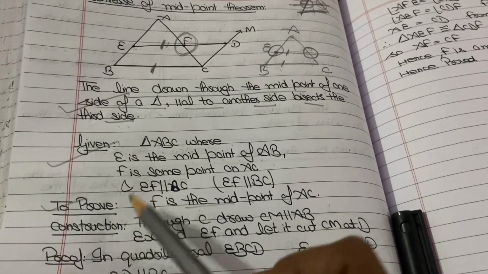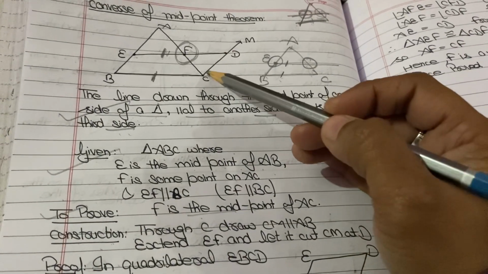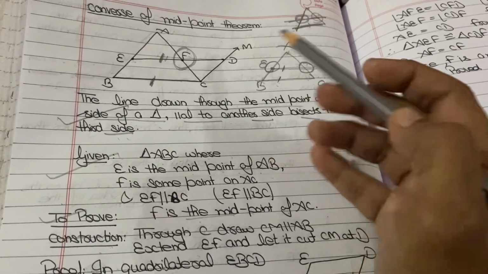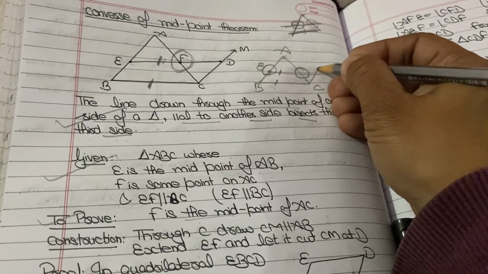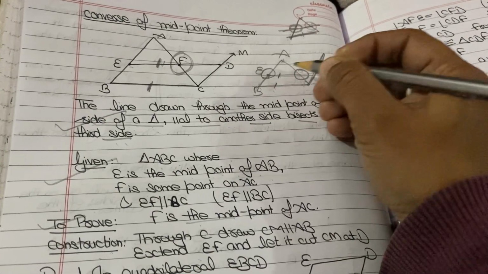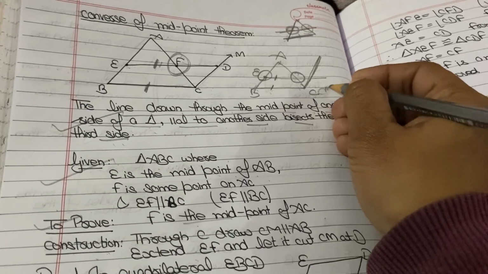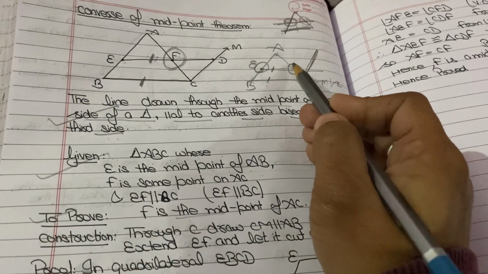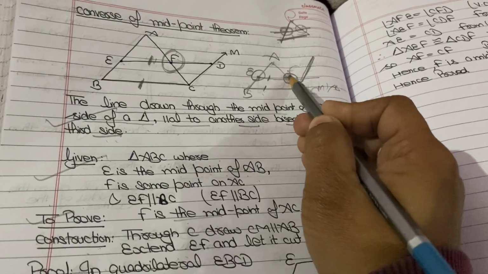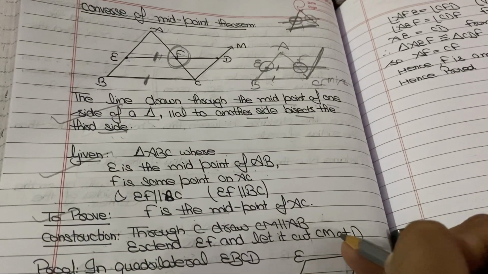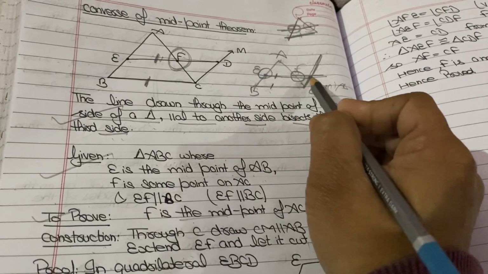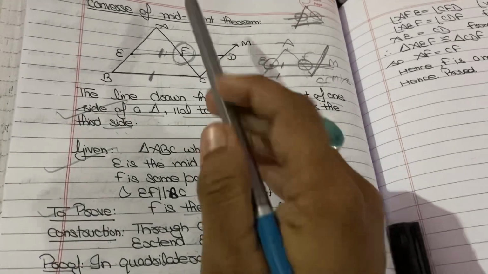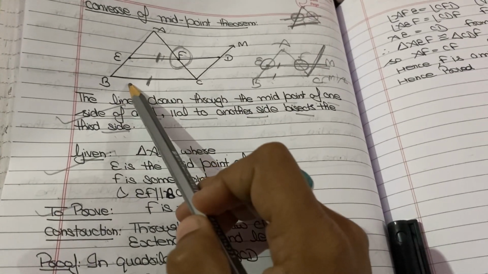First of all, through point C, draw CM parallel to AB. Extend EF, and let it cut CM at point D. So here we have triangle ABC.